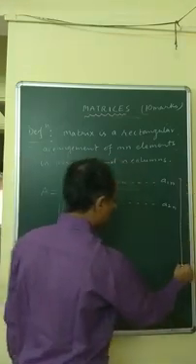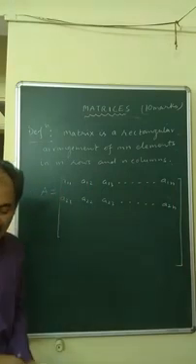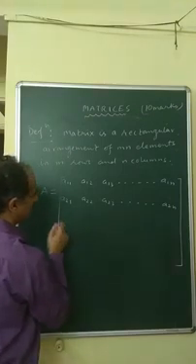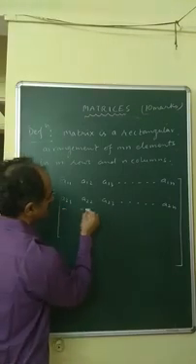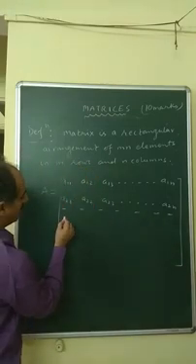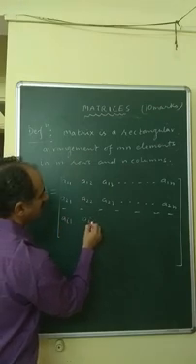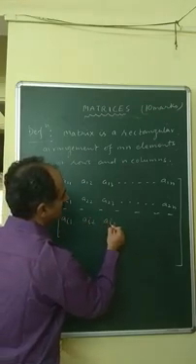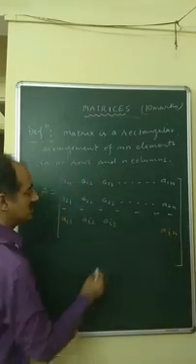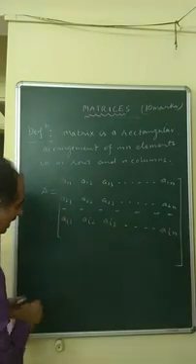In this way, can you write the ith row? Let us suppose there is an ith row. The ith row can be written as ai1, ai2, ai3, ain. So this is the ith row of the matrix. What will be the last row?